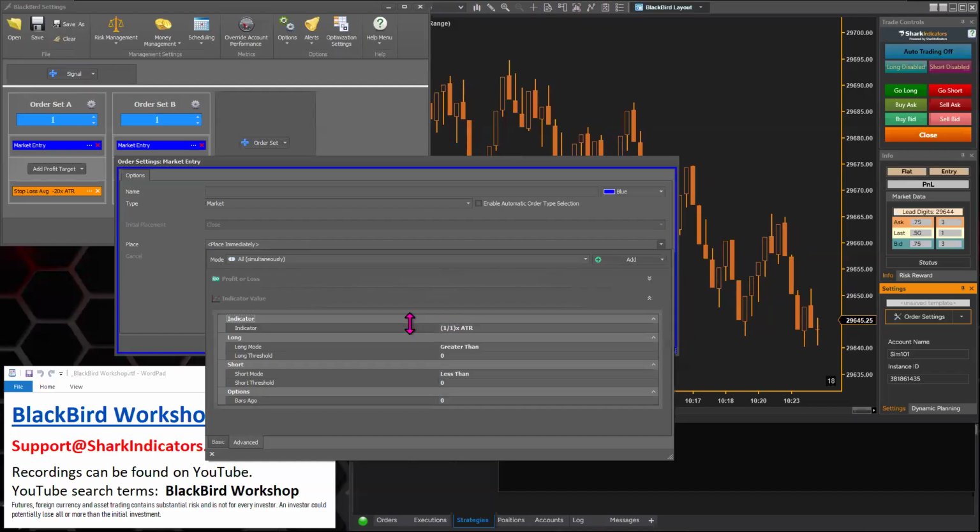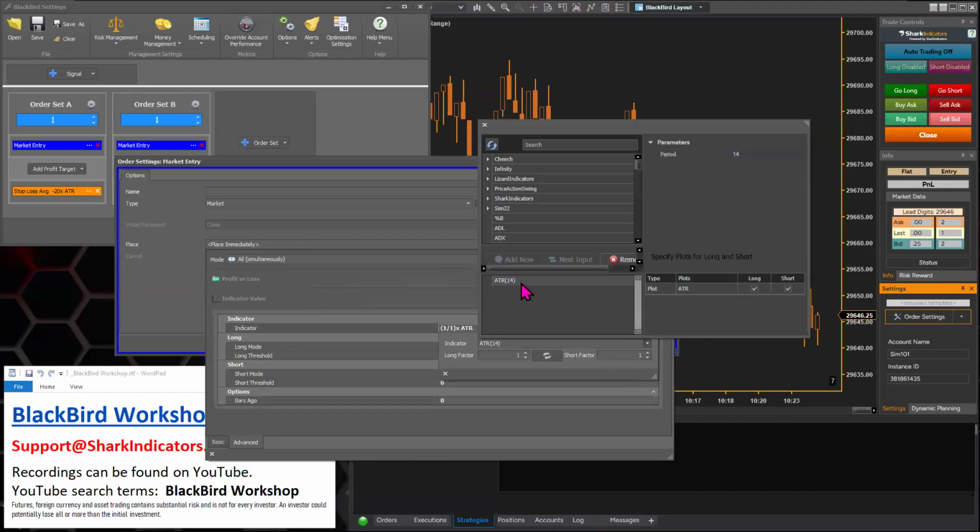And then to check if some value is true or not, let me see if there is an indicator I could use.